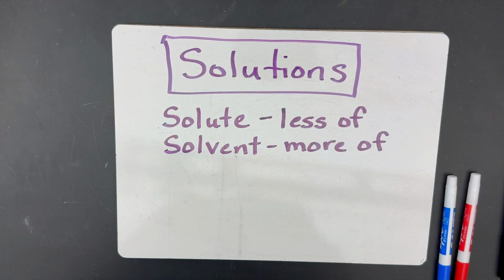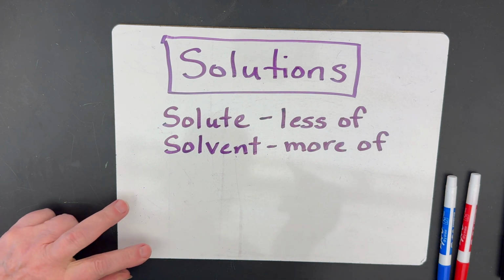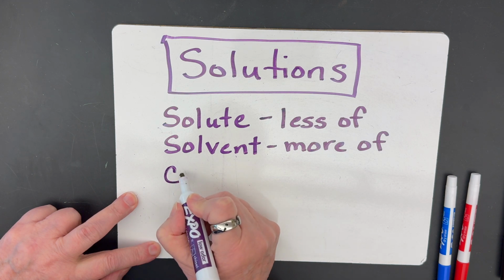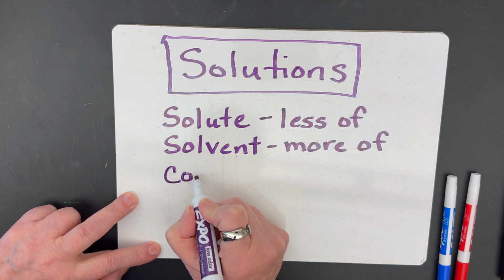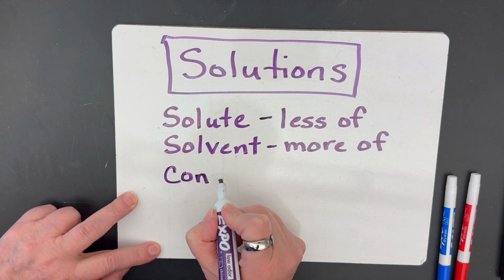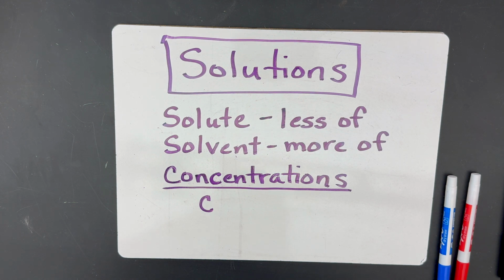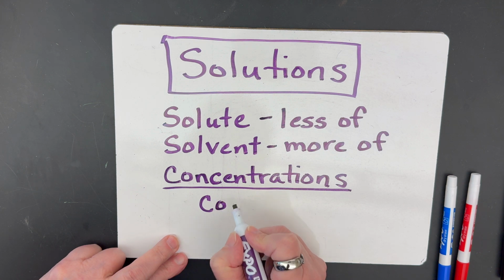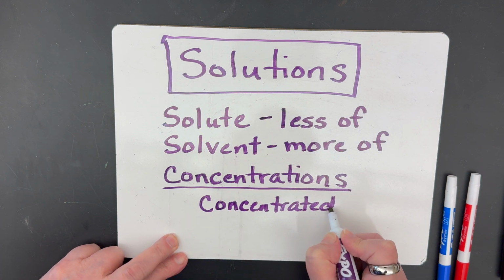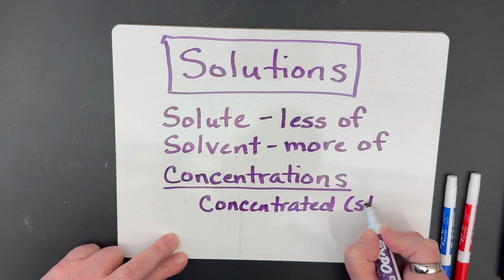Also, when talking about solutions, we think about concentrations. How concentrated or dilute is our solution? If you have a lot of solute in your solvent, then it's concentrated or strong.